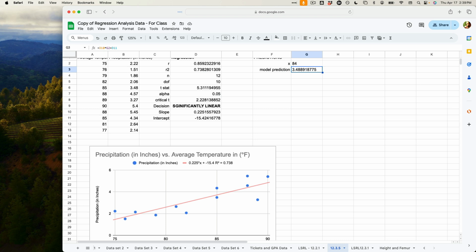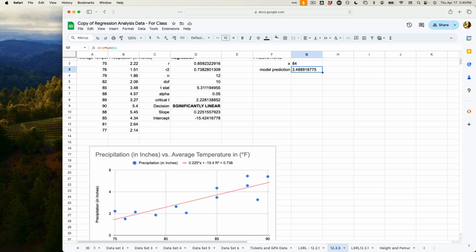And more specifically, this value that I predicted at 84, is it a single value at temperature 84, or is it an average? It can be interpreted in both ways. One interpretation is to say, from my regression, I want to interpret the precipitation at 84 as the average value of precipitation across all years or all times when the temperature was 84 degrees.